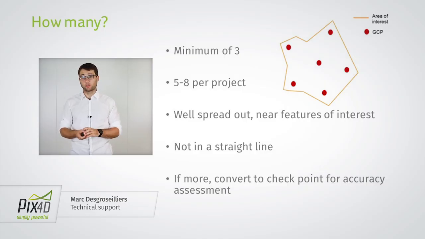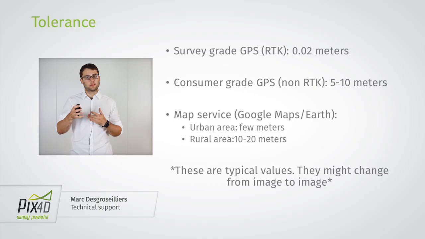If it's a consumer-grade GPS on your drone, then you can expect an accuracy of between 5 and 10 meters, which is similar to what you can expect from Google Earth or Google Maps if you take your GCP from this data source. So that's one thing to keep in mind, is that more precise GCPs will yield more benefits and more accurate geolocation.